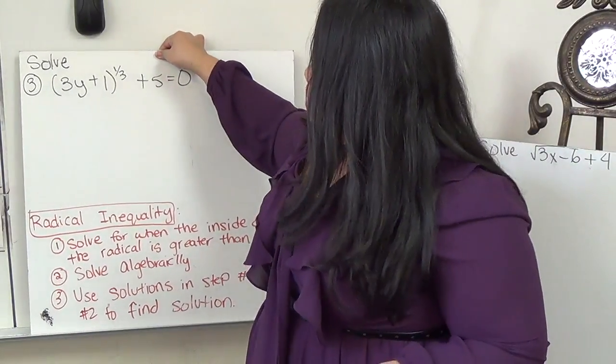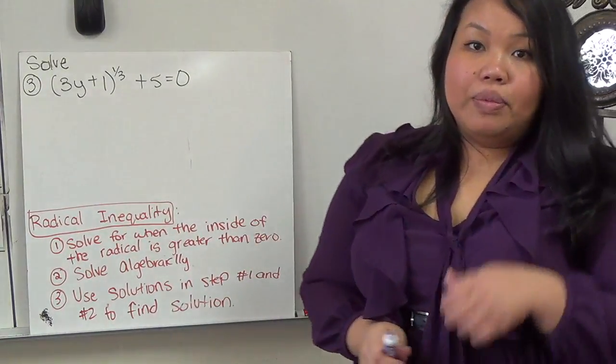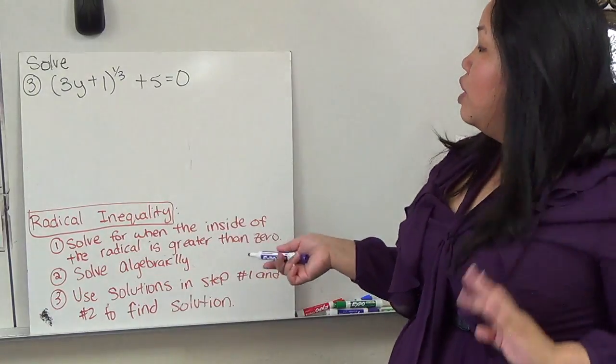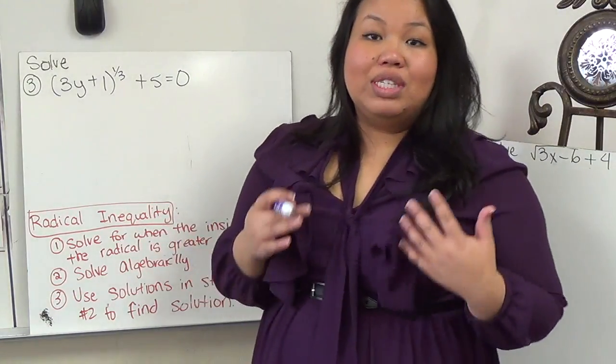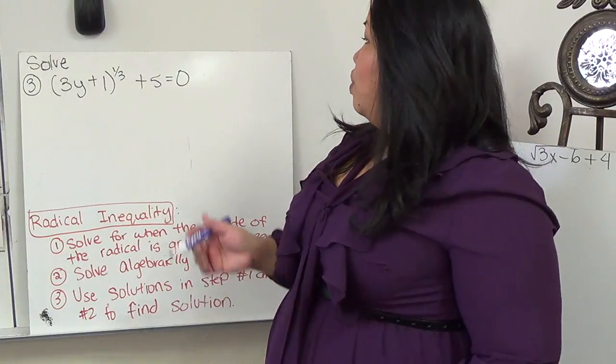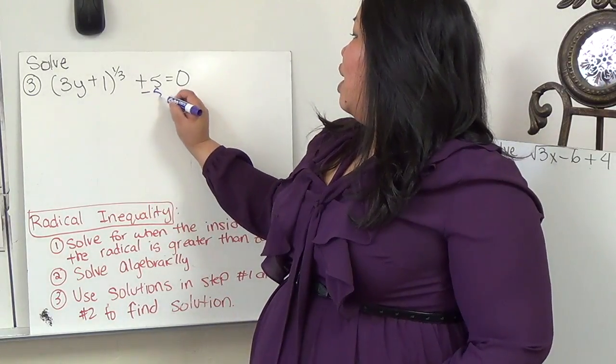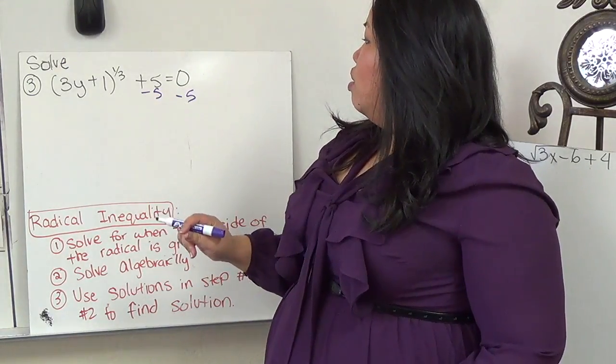Not all the ones you're going to be dealing with are square roots. This one, for example, is a cube root, but the method is the same. I'm going to isolate the root, the nth root. So I'm going to subtract 5 from here, right?